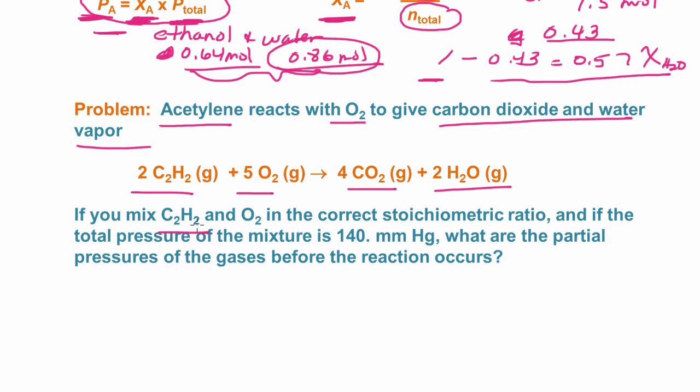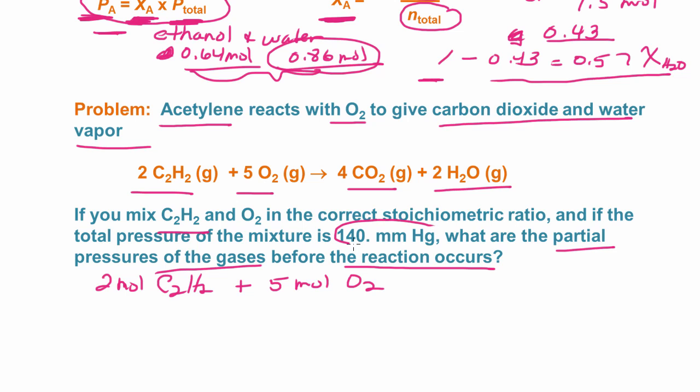If we mix the acetylene and oxygen in the correct stoichiometric ratio, that means we're going to have 2 moles of acetylene plus 5 moles of oxygen. What are the partial pressures of the gases before the reaction occurs?